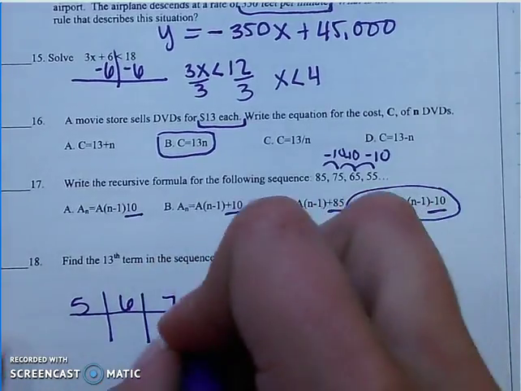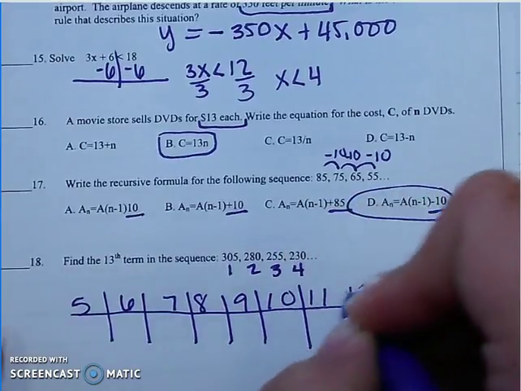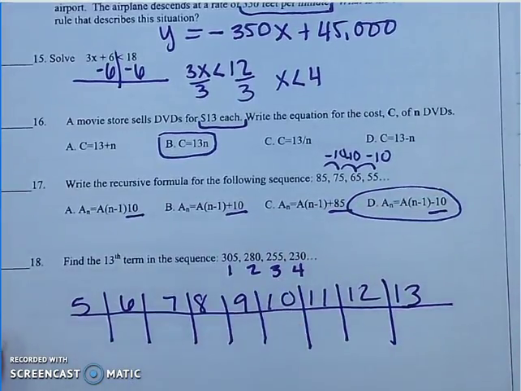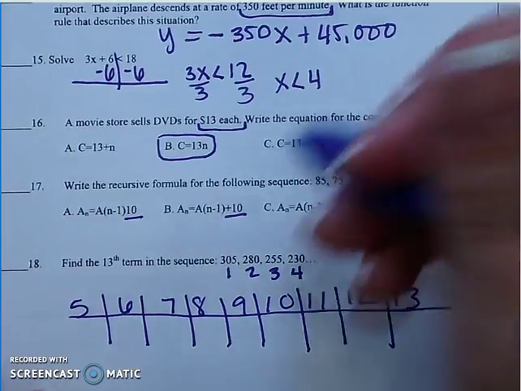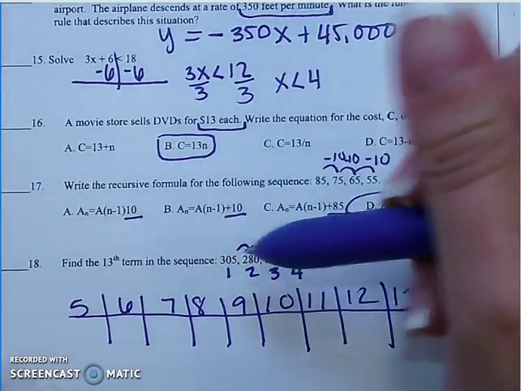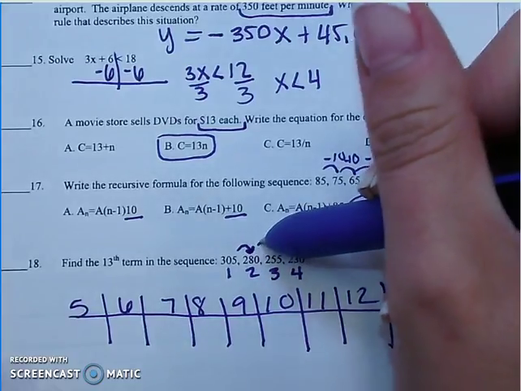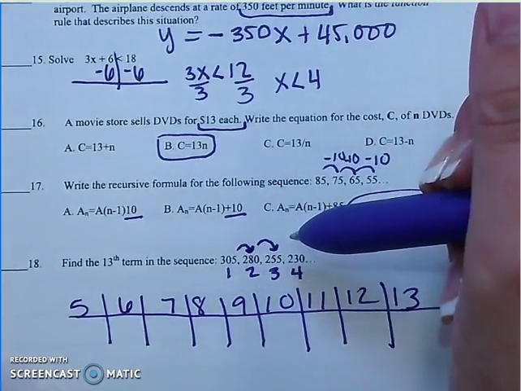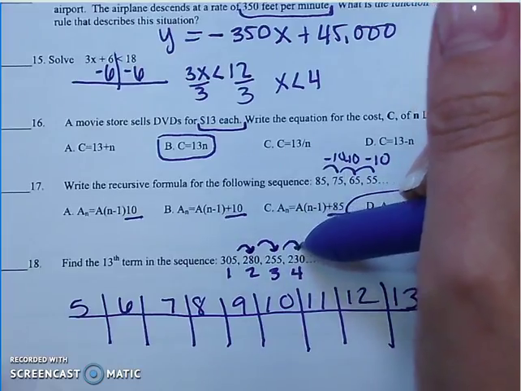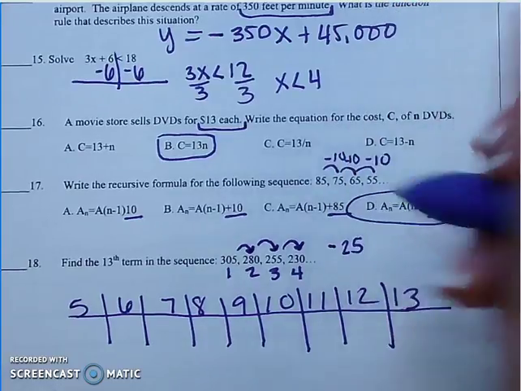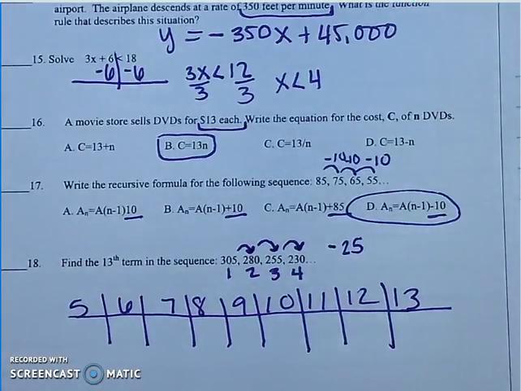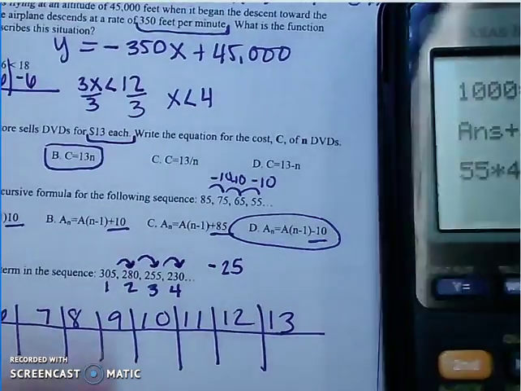And I would go through, it's a lot of work, but it is the easiest way to determine what that 13th term is, okay? And now the next thing I have to look at is, all right, what's happening to each of these? How do I go from 305 to 280, and then from 280 to 255? From 255 to 230. I'm going down 25 each time, right? So I'm going to keep subtracting 25 in my calculator.